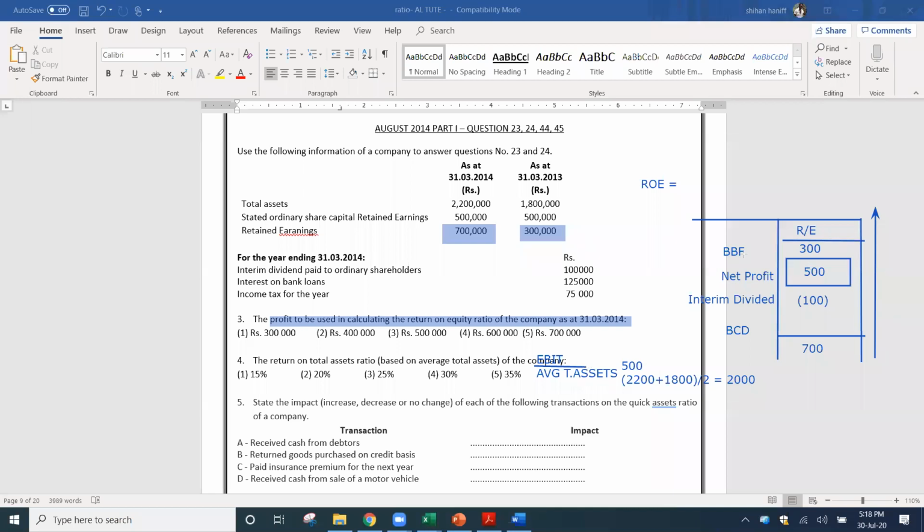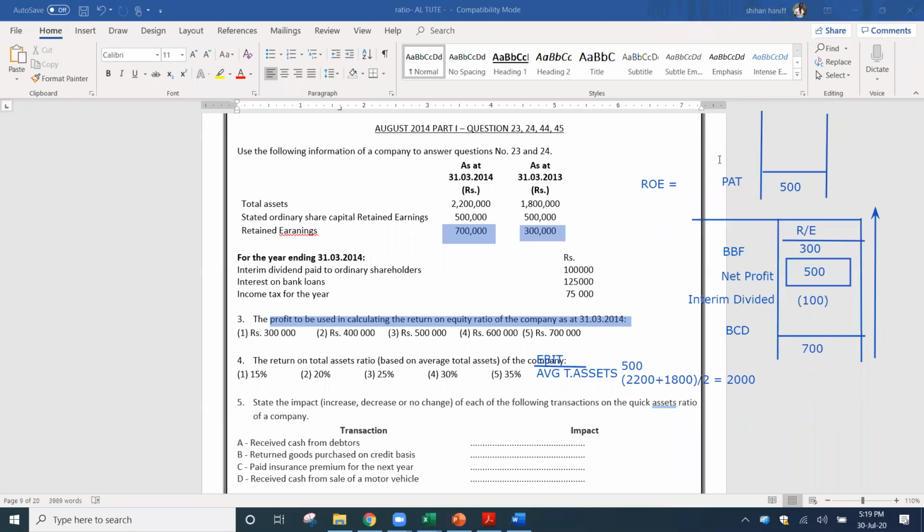Earnings before interest and tax. So you have to calculate the earnings before interest and tax. We have the profit after tax, which is 500.